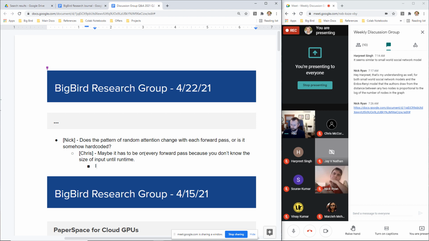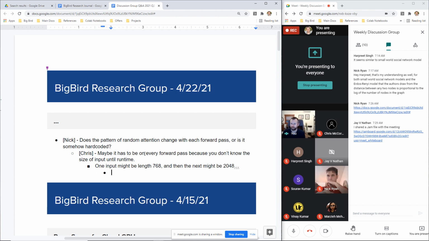So one input might be length 768, and then the next might be 2048. So include two blocks of random tokens in both cases.